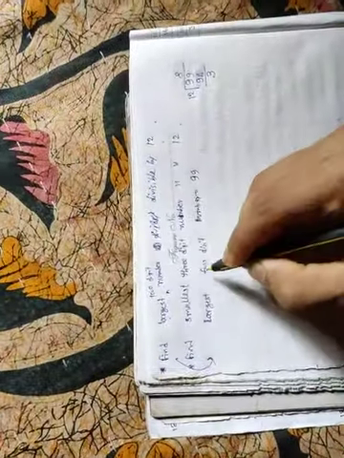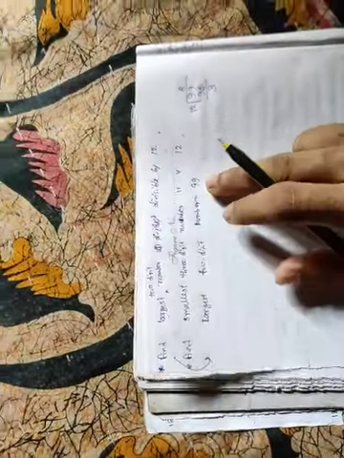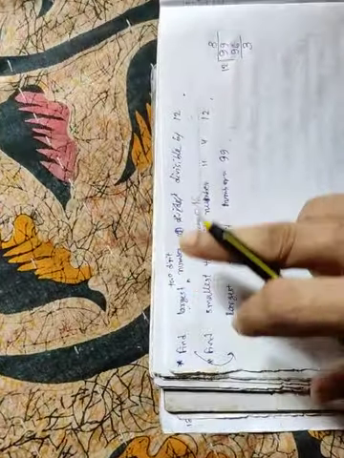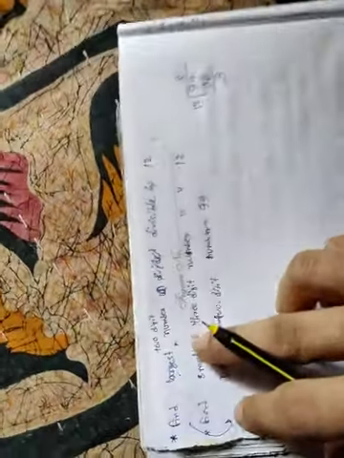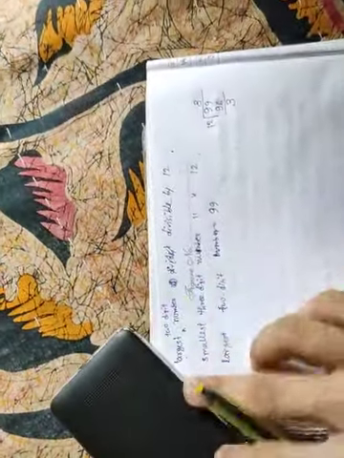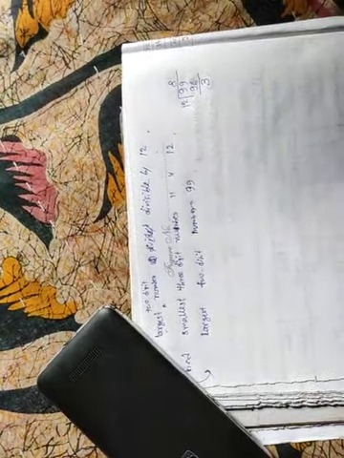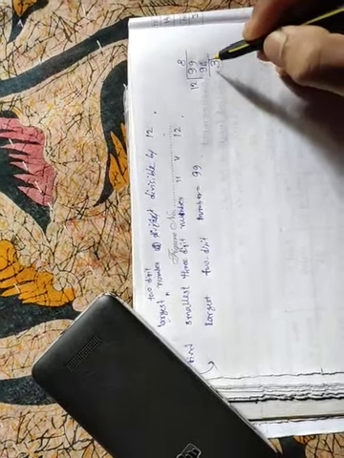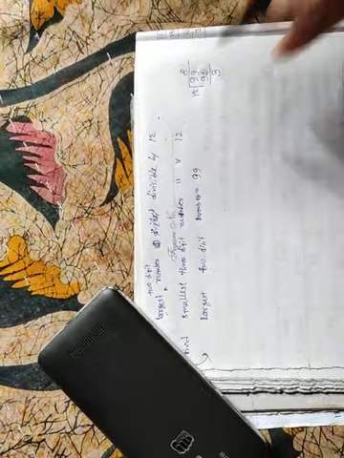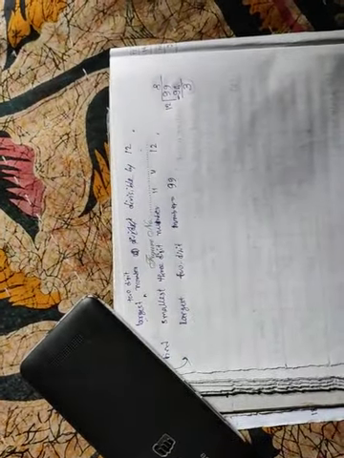So the largest 2-digit number is 99, but this is not divisible by 12, and we have to find the largest 2-digit number which is divisible by 12. So you see one thing here: the remainder is 3. That means if we subtract 3 from 99, then the result will be divisible by 12.